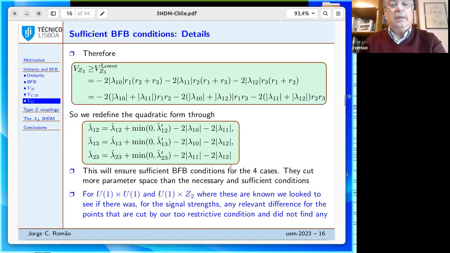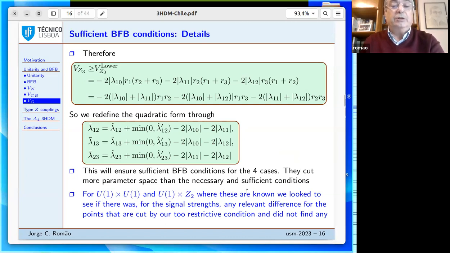Of course, they are sufficient, they are not necessary, and they cut more parameter space than the necessary and sufficient conditions. Although, as I've told you already, for these two cases where the necessary and sufficient conditions are also known, we checked, for instance, you look at signal strengths, and did not find any relevant difference between the two data sets, the ones with sufficient conditions and the one with necessary and sufficient conditions.